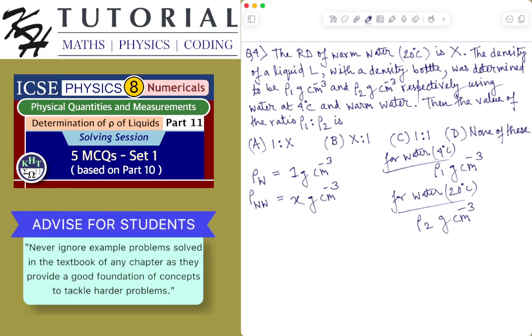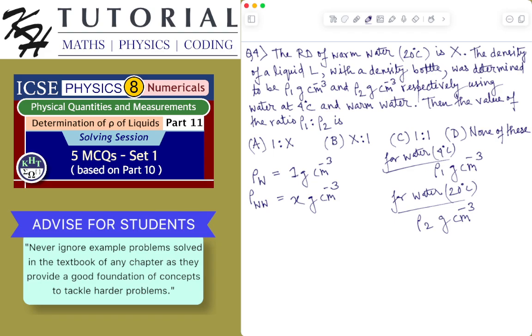And since its volume is the same and the same liquid L is used, quite obviously the fundamental concept is that we are not heating or cooling the liquid L. The density of a liquid L will only change if for a certain mass of the liquid L we change its volume.